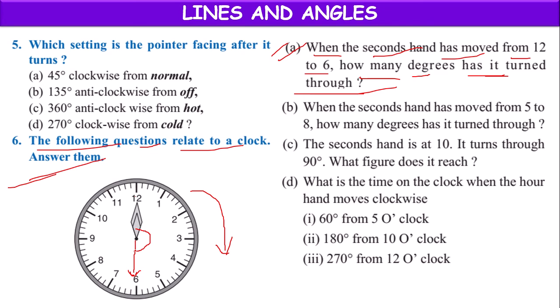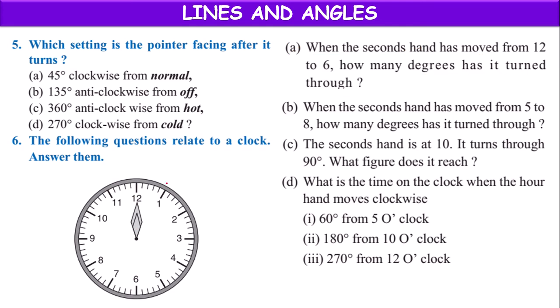Actually, sorry children, these are the hours actually. These are the minutes. 1 minute, 2 minutes, 3 minutes, 4 minutes, 5 minutes. In between minutes, we will be having seconds.